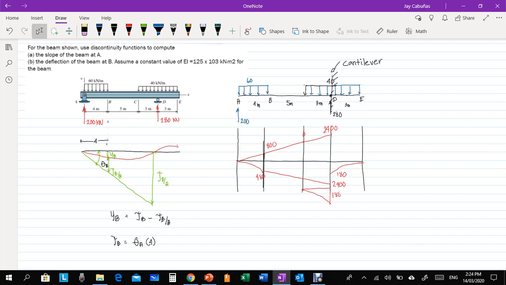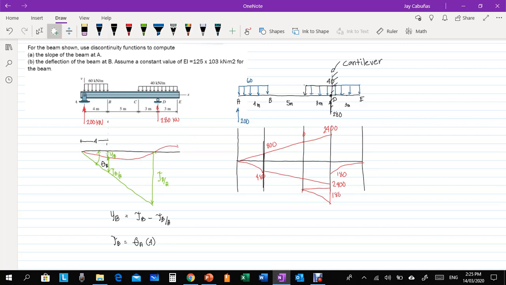Okay, so our diagram is the one colored red earlier. We now have the reactions, which are 200 kilonewton at A, then 280 kilonewton at D. Right? So the deflection diagram is this. This is the deflection diagram.